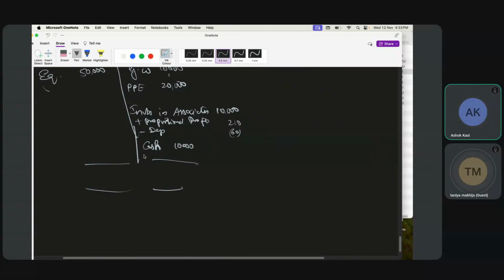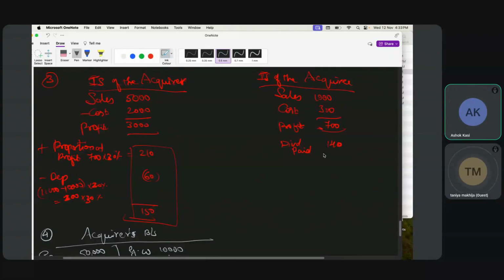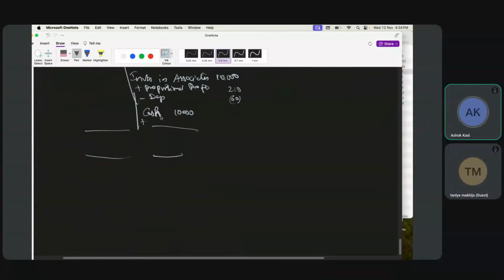Then cash dividend we are receiving, 140, and 30% of that is 42. So dividend received 42. And here dividend received, I will minus it, 42.